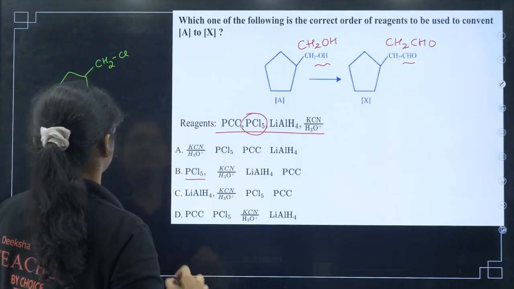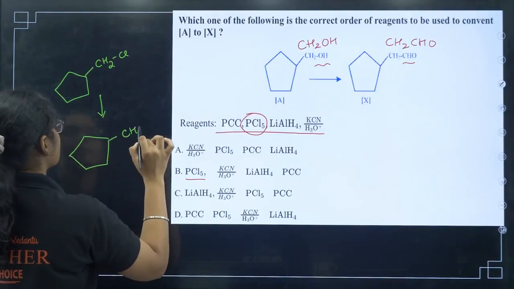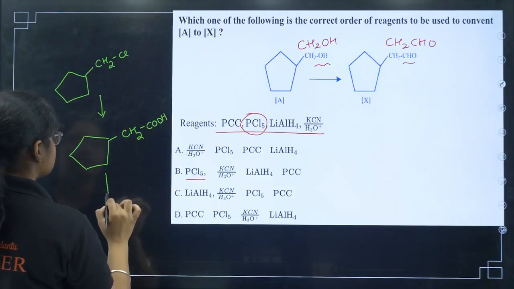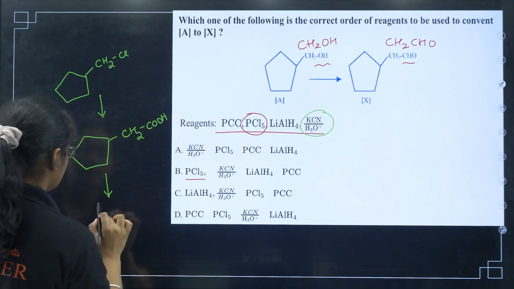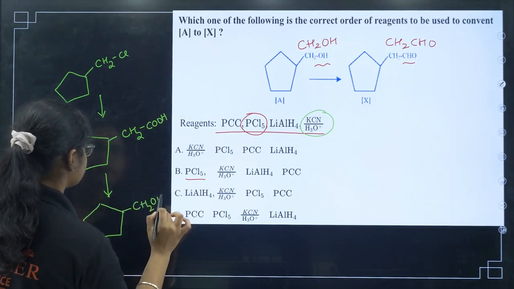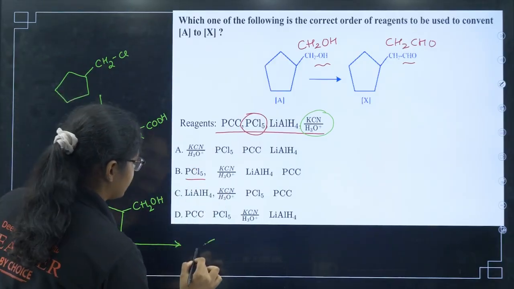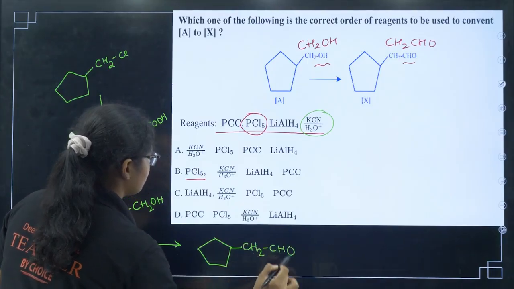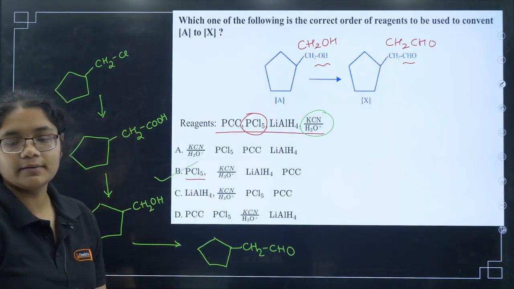If I treat it with KCN and H3O+, that will give me COOH. Next, if I treat it with lithium aluminium hydride, that will give me CH2OH, and then with PCC, I can convert it into CH2CHO. So the correct answer is option number B here.